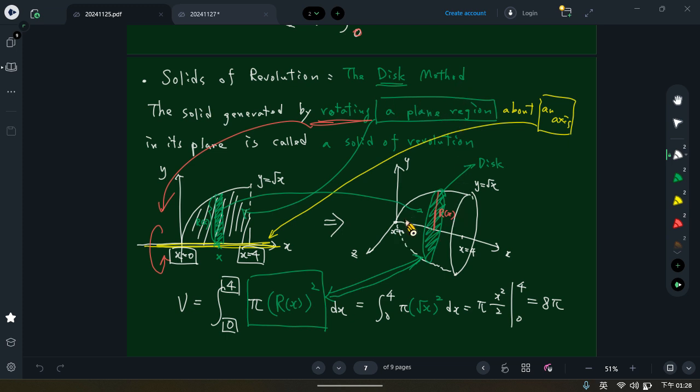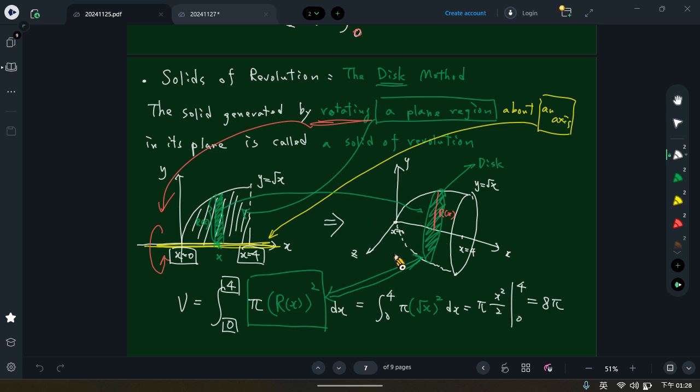Then for each part, you can always get a disk. For example, here is almost a point, right? But as x increases, you can see the circle will keep growing, right? And then finally, you sum them together by using the previous idea, and you can get the whole volume.